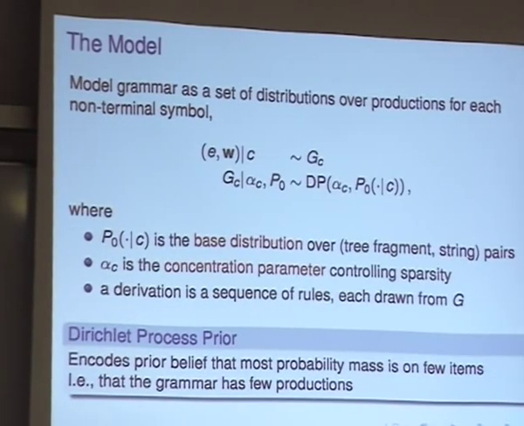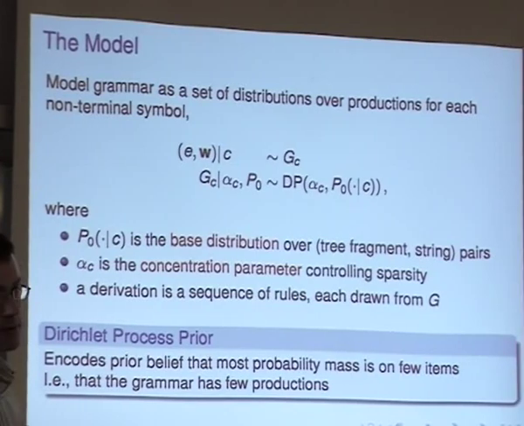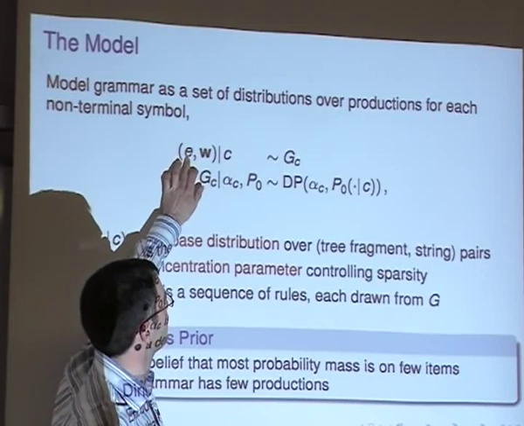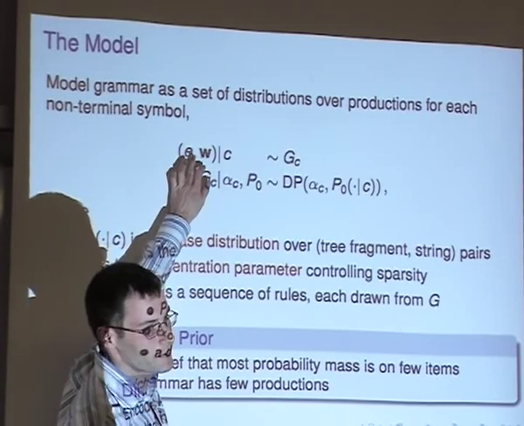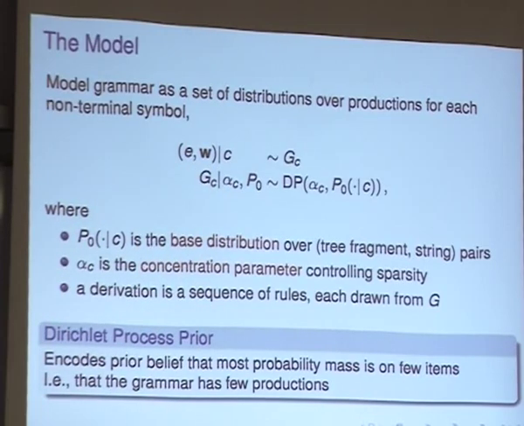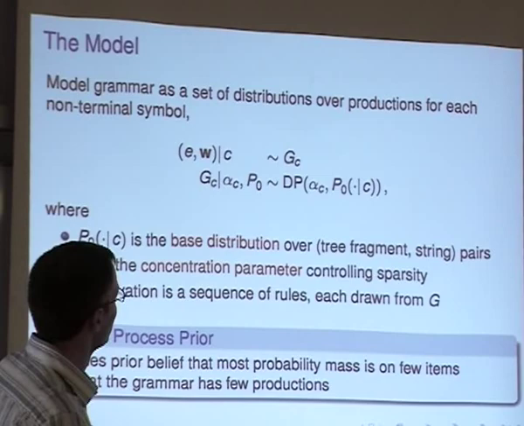Okay, so more formally, it's set up in a similar way. In this case, instead of just generating an elementary tree, we're generating an elementary tree and a string of words and the hash symbols, which are encoding our ordering.